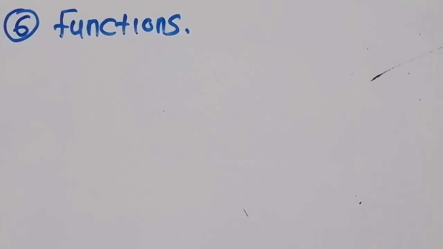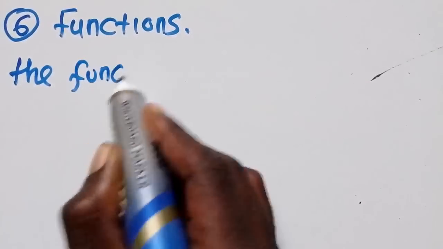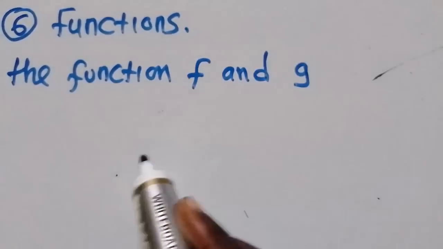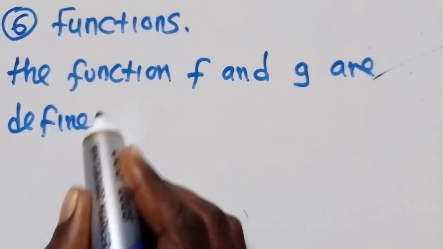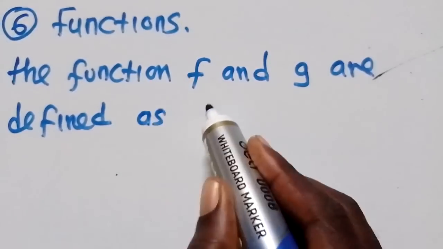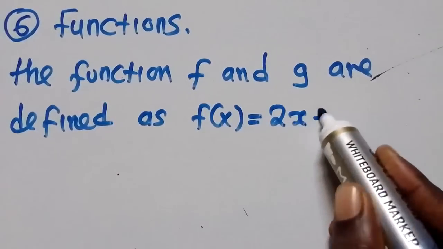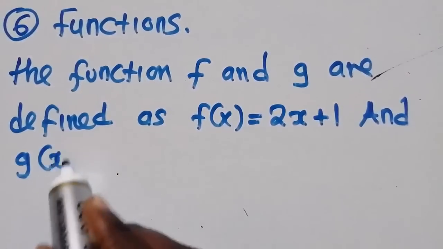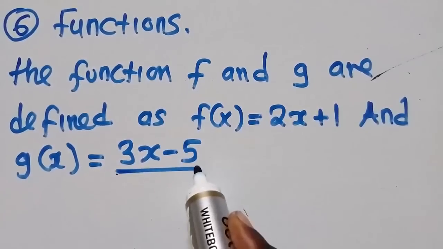What I'm going to do is give one question here which we are going to practice together. The question is saying the functions f and g are defined as f of x equals 2x plus 1, and g of x equals 3x minus 5 over 2.